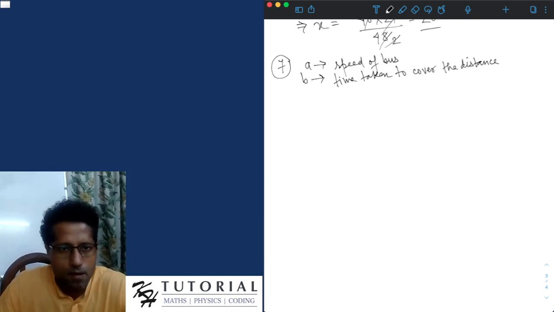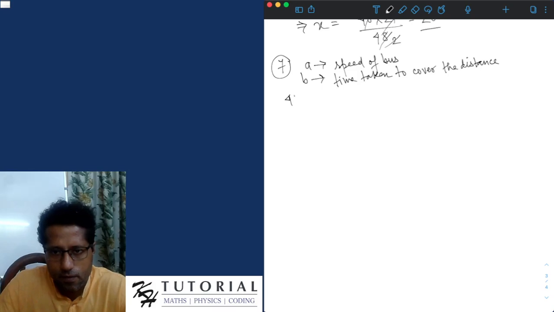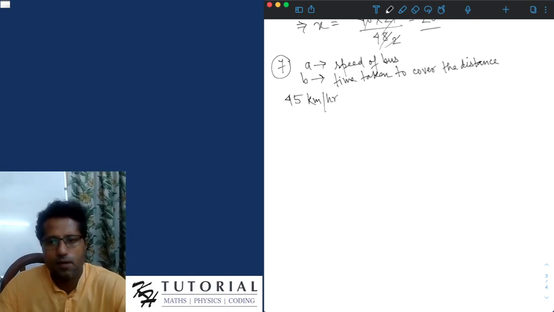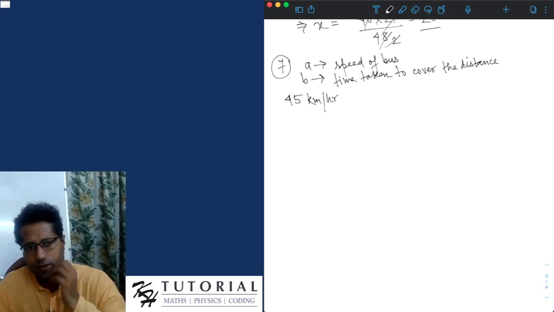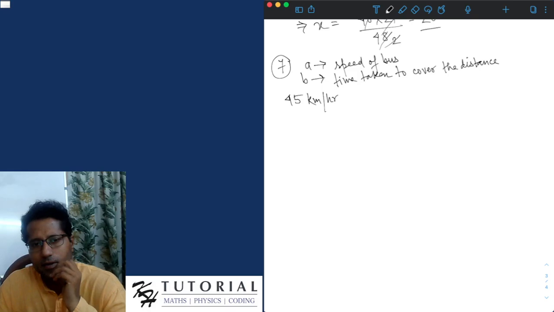So the first data we have is, when the bus is running at an average speed of 45 kilometer per hour. Average speed means the speed is constant. When the bus is running, it is maintaining it.